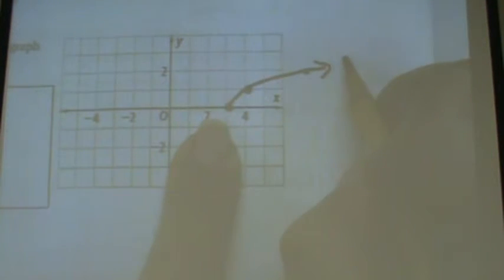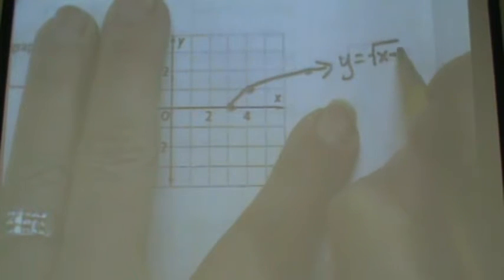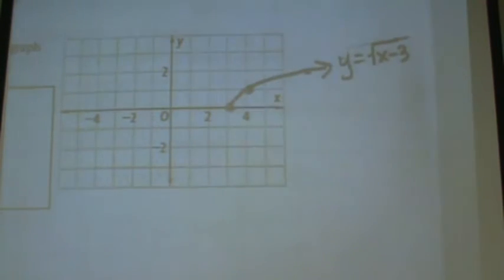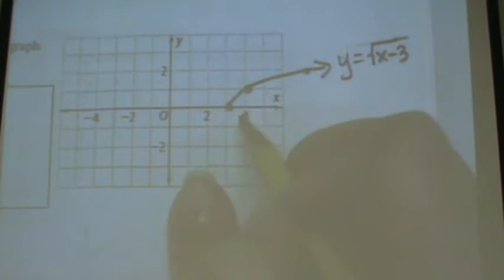So this is y equals the square root of x minus 3. Get that? Now, can you tell me the inverse of this, what it's going to be? What point is that? That's 3, 0.